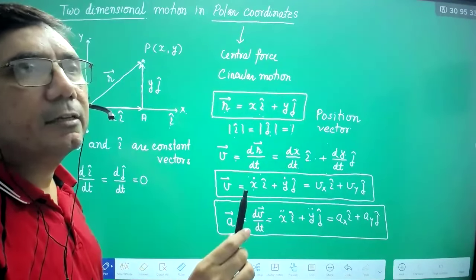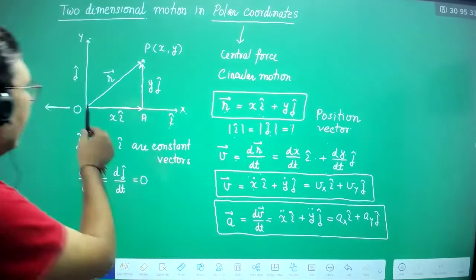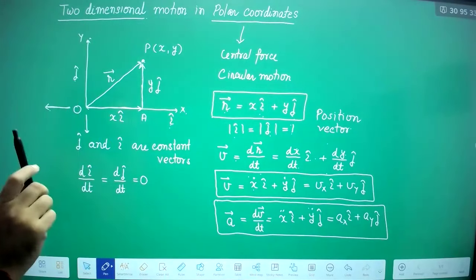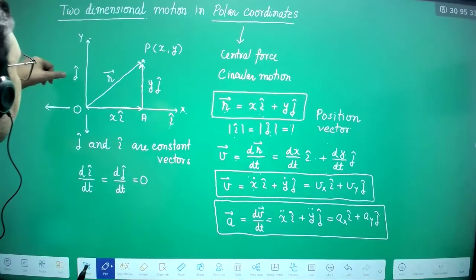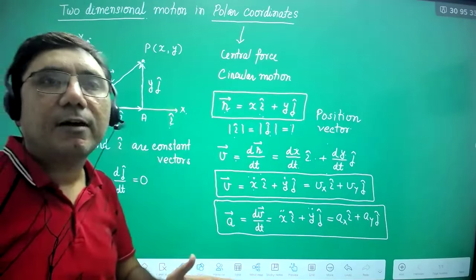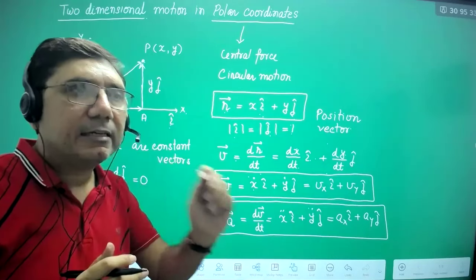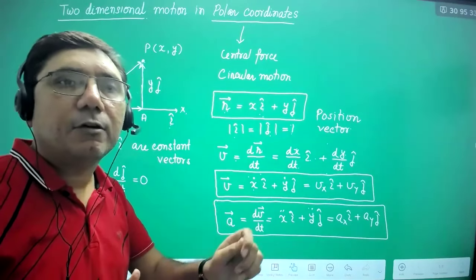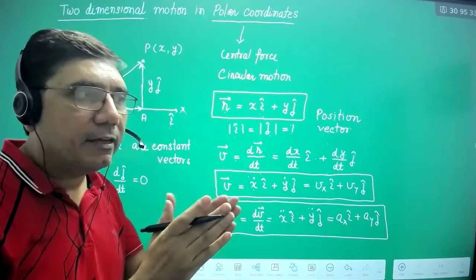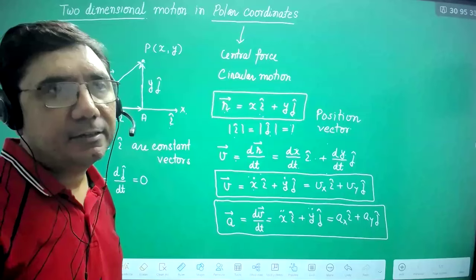That will be the direction of x-axis represented by i cap. The direction in which y coordinate is increasing will be the direction of the y-axis, represented by the unit vector j cap. So basically the directions of i cap and j cap are chosen in such a way that these are the directions in which x coordinate and y coordinate are increasing. This is the way to choose the direction of unit vectors.